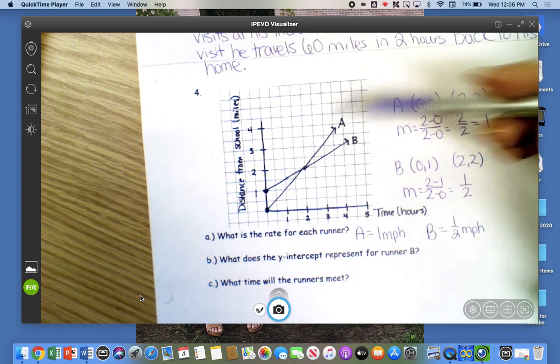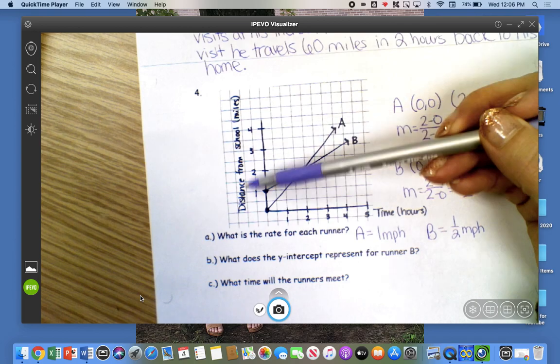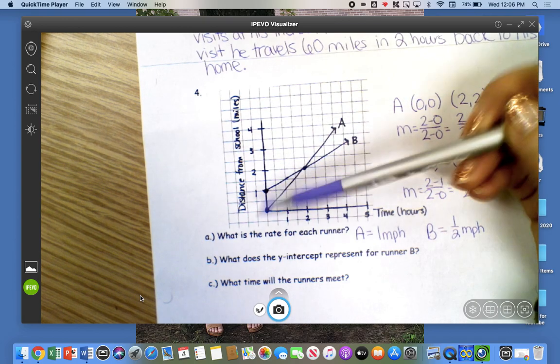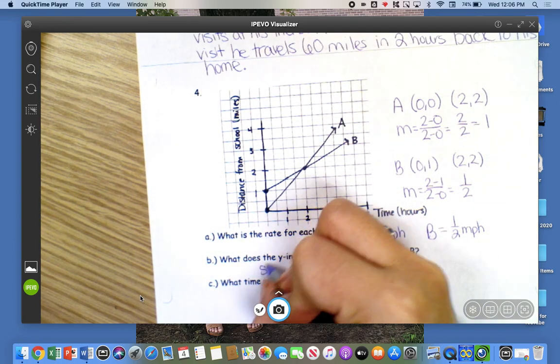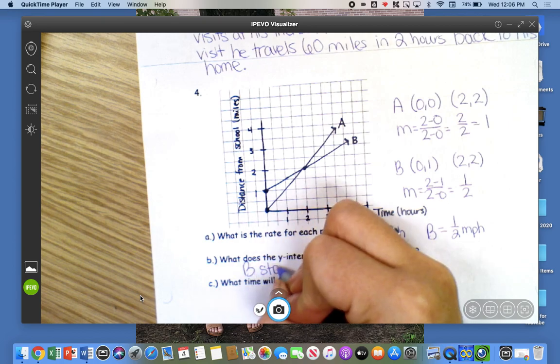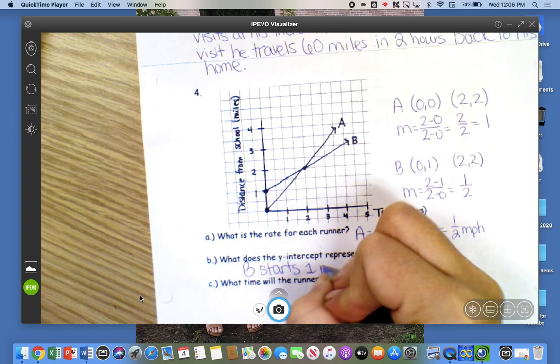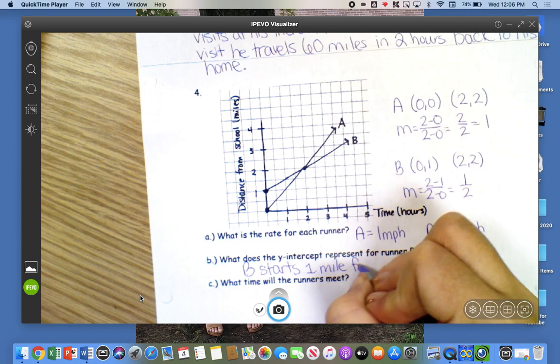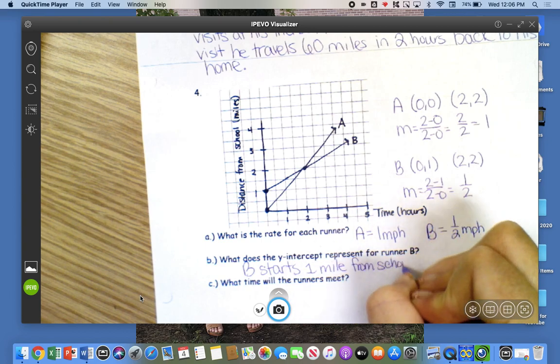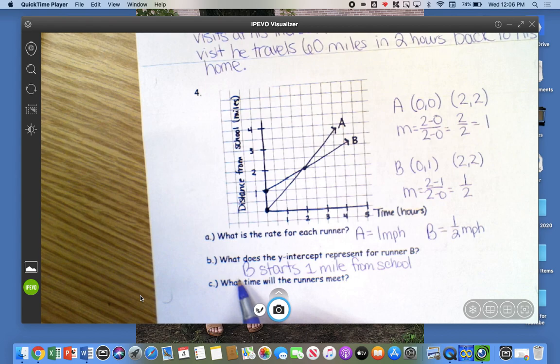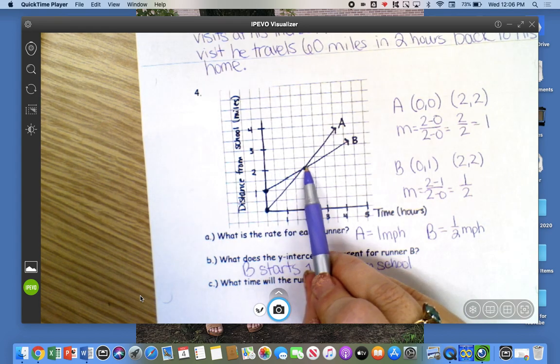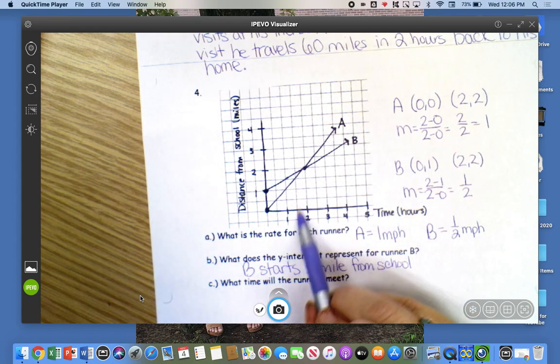On our y-axis, we're measuring the distance from the school. So this starts at 1, and we would say that runner B starts 1 mile from school. All right, and the question, what time will the runners meet? So when they meet, what is the time? 2 hours.